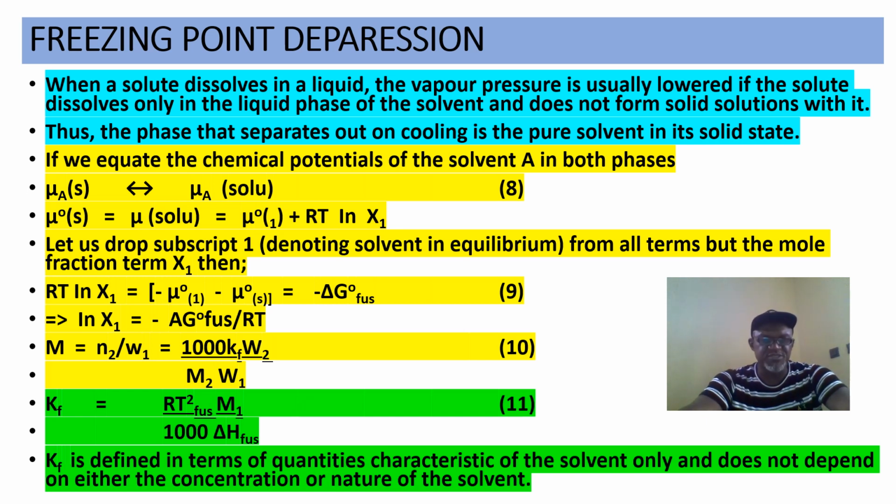If we drop the subscript 1, then the difference between the liquid and the pure solid will be the change in Gibbs free energy on fusion. And we equate that, we will now get equation 10. And this equation 10 and also equation 11, which we get if we make Kf the subject, can be used to determine the molar mass of the solid. Of course, it is a colligative property.